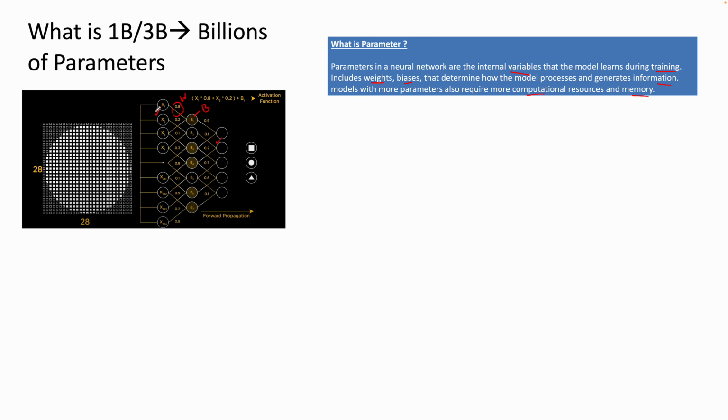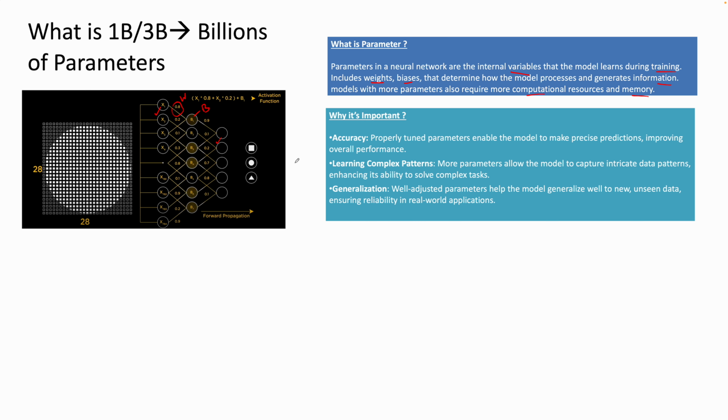If I have a more complex neural network than this, it will have more weights, more biases, and obviously more parameters. So that's where the difference lies: 1 billion parameters, 3 billion parameters, 405 billion parameters, which you see with the Llama 3.1 models, right? And obviously they will require more computational resources as well.